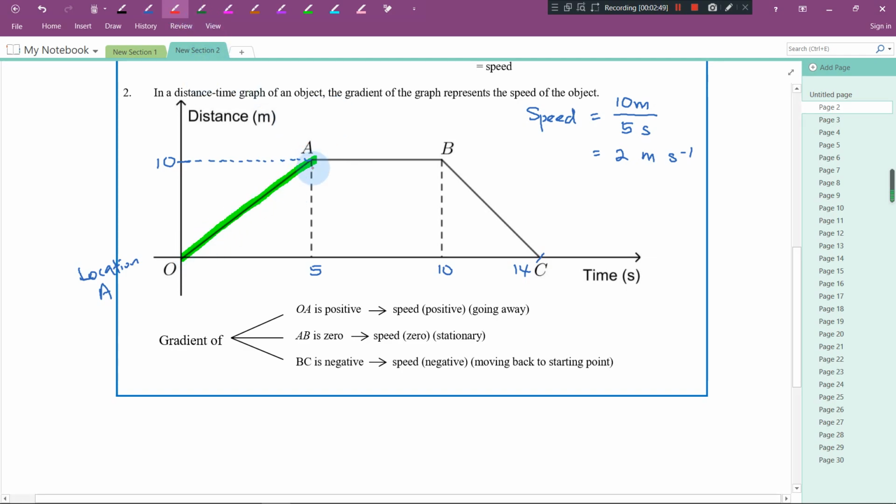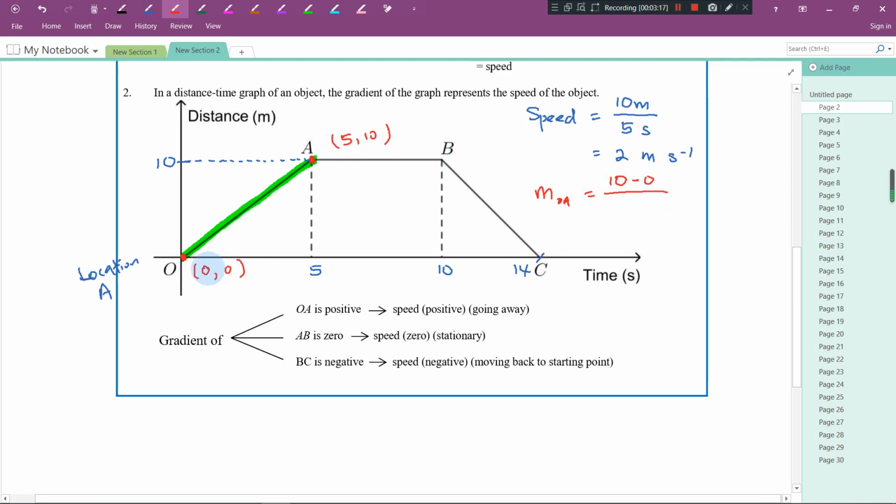So what we are calculating here is the gradient of this part. The coordinate for point A is 5, 10. How about this point? 0, 0. So if I want to find the gradient of OA, it is y2 minus y1 divided by x2 minus x1.